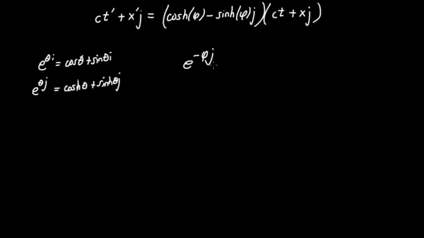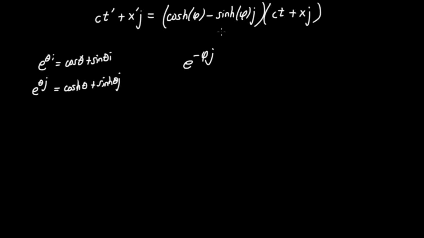phi times j. Now why is that? Where does the minus sign work out? Well, cosh, like cosine, is an even function, so cosh of phi is actually equal to cosh of minus phi as well. And similarly, sinh, like sine, is an odd function, which means that minus sign can actually move in front right there.